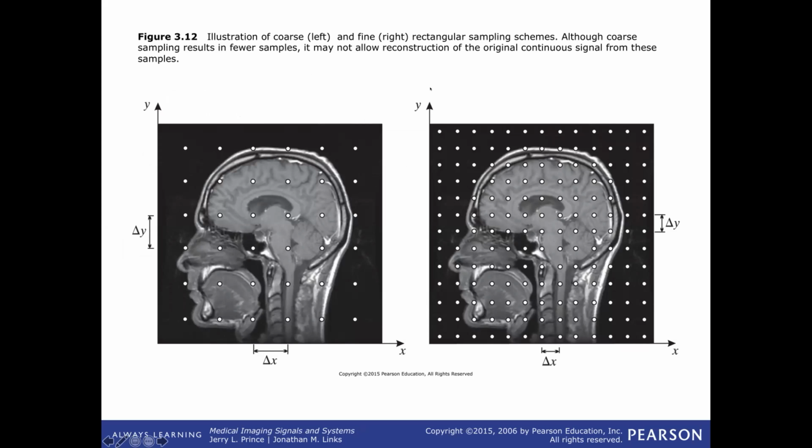So that was an example from an actual clinical image of what we're going to discuss, which is sampling. And sampling just means I take my function, and here we have this function we'll call f(x,y). So this is the x direction, y direction.